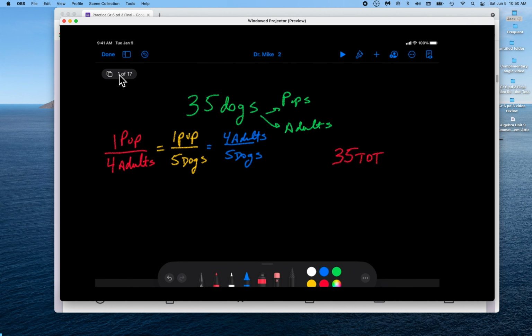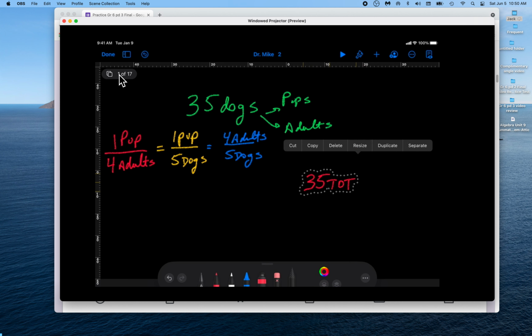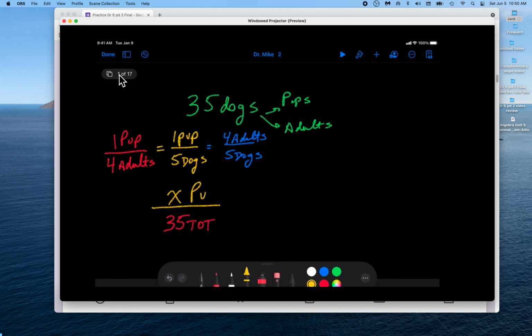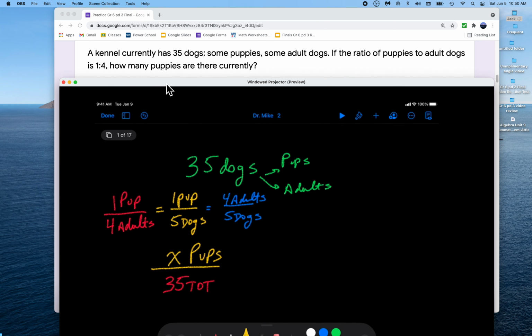So here's what they want. 35 total dogs. How many puppies? You see this word, how many?